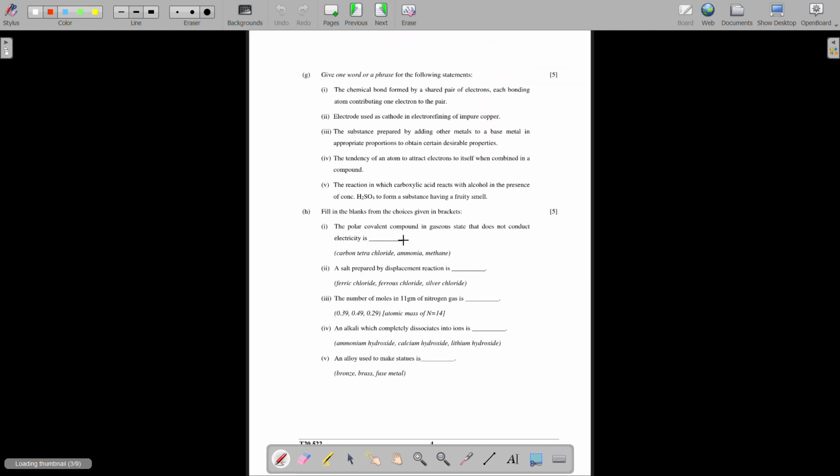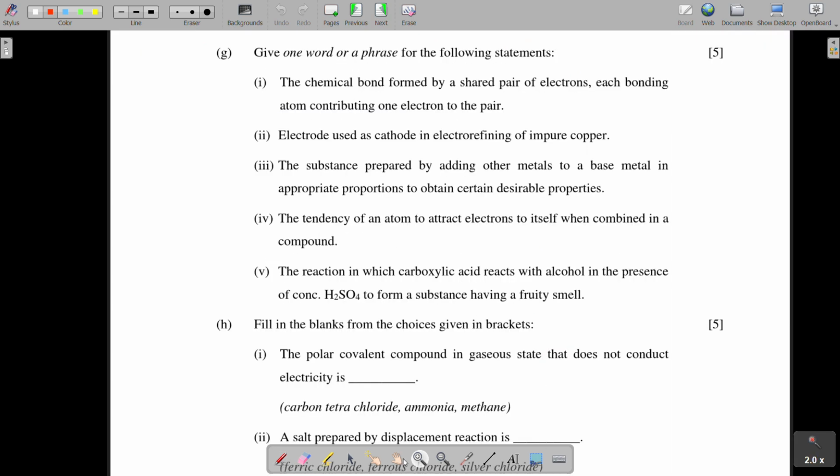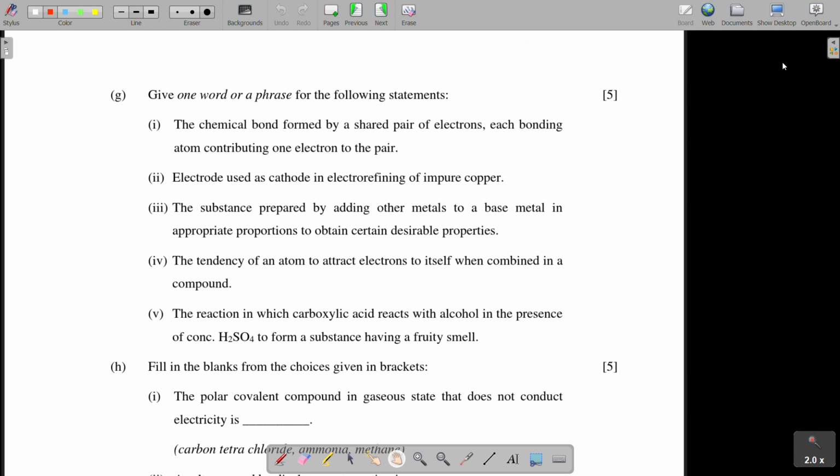Okay, next. Give one word or a phrase. The chemical bond formed by a shared pair of electrons, each bonding atom contributing 1 electron to the pair.